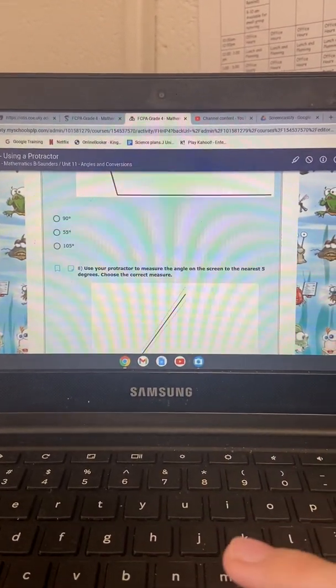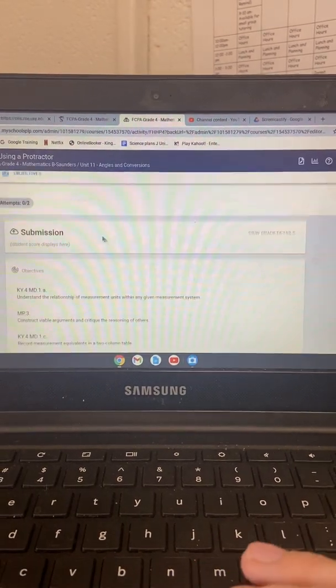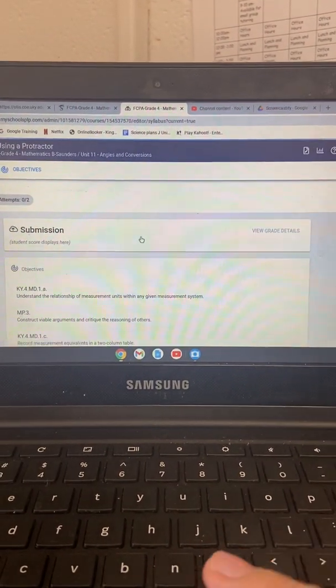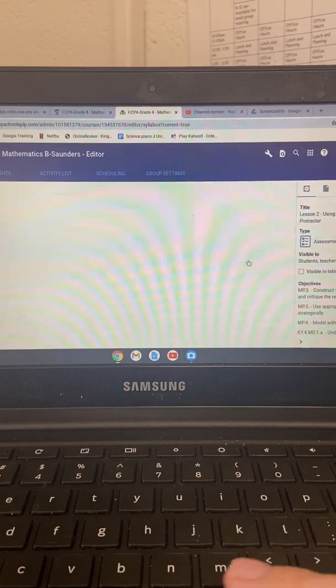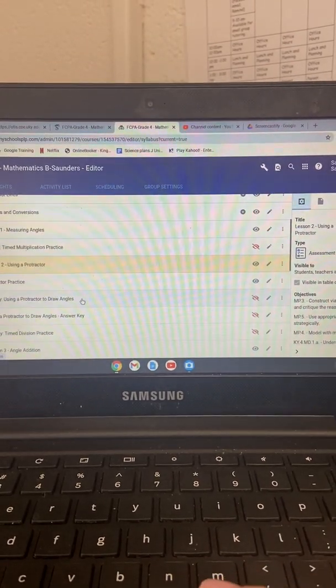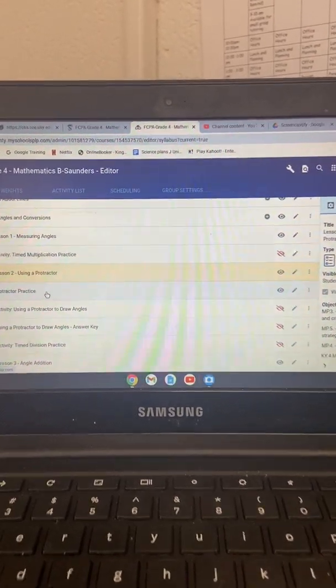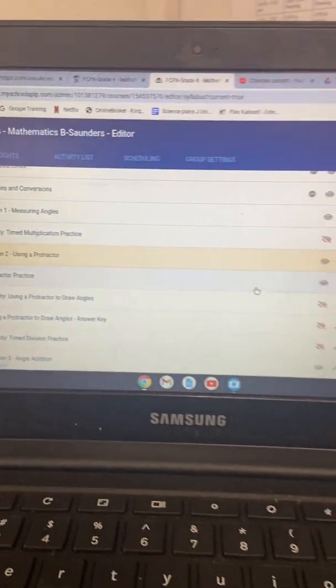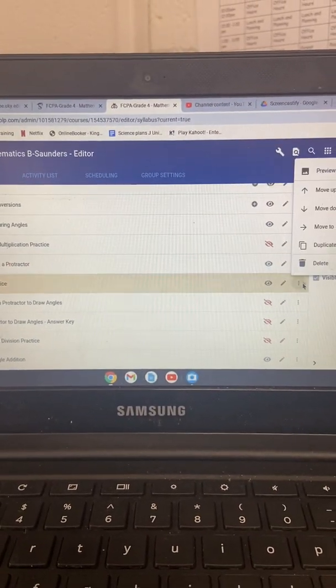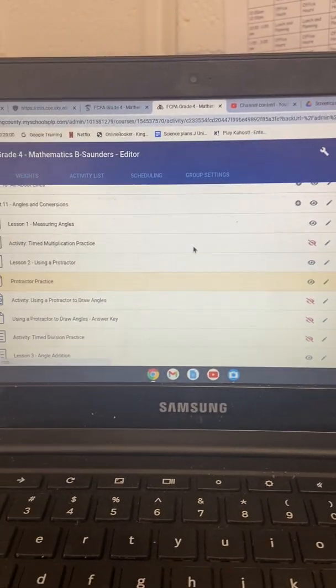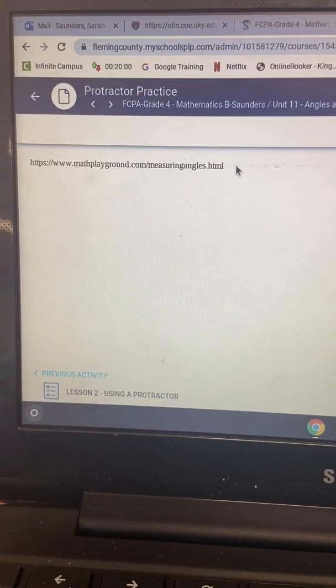I really encourage you to play this Math Playground game. Protractor Practice is what it's called. So when you go to it, it's going to be a link like your Generation Genius ones are links. You're going to copy and paste that link into a new tab.